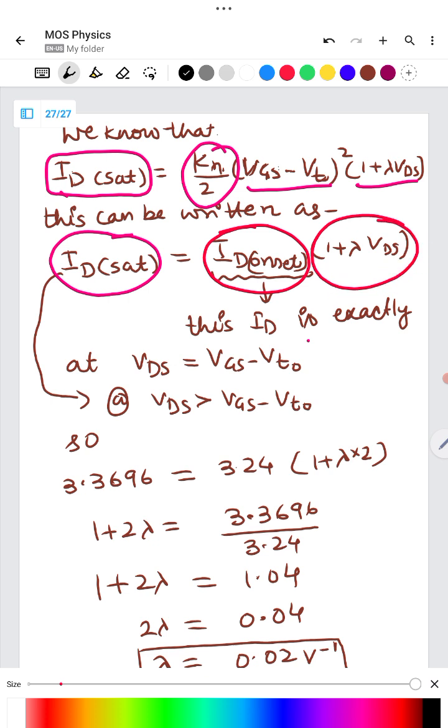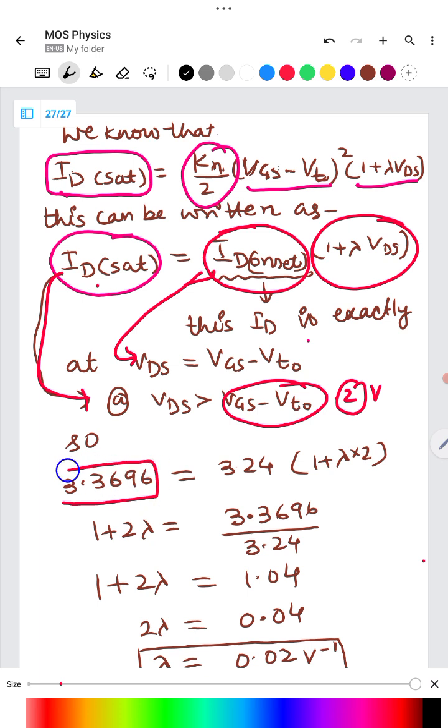This ID is basically at VDS greater than VGS minus VT, which is given at 2 volt. At 2 volt the value of this ID is given as 3.3696. However, ID naught is exactly at VDS equal to VGS minus VT.